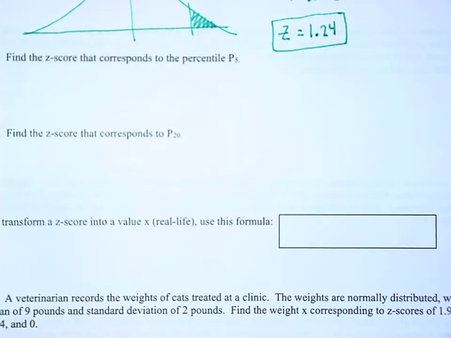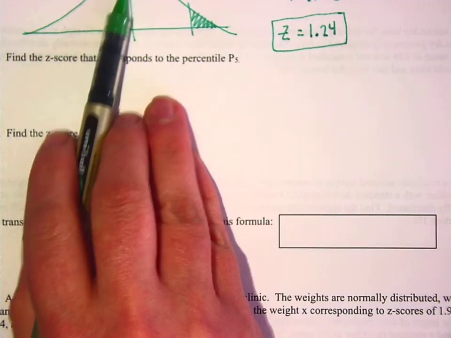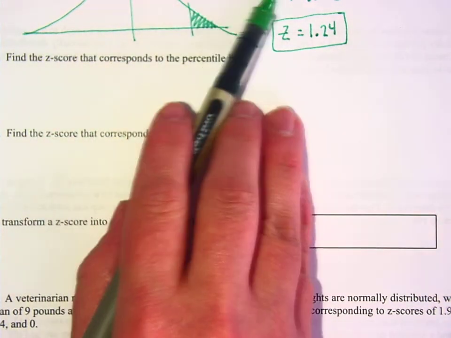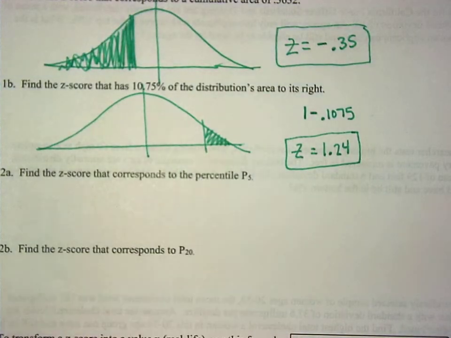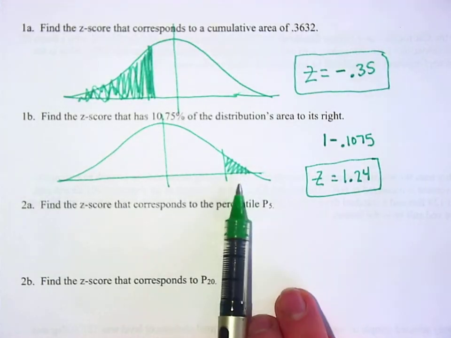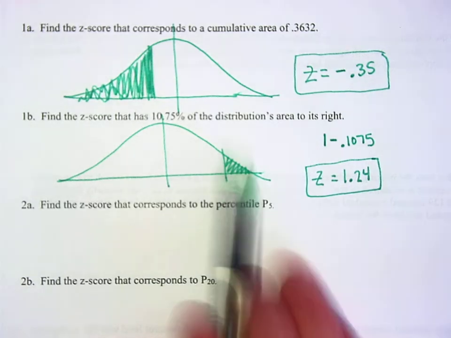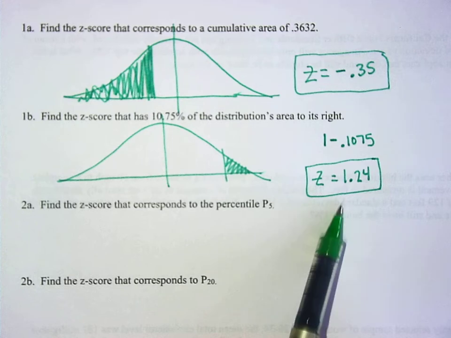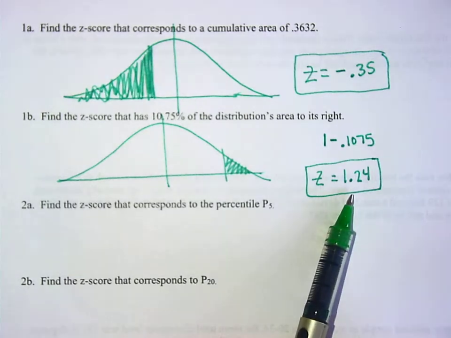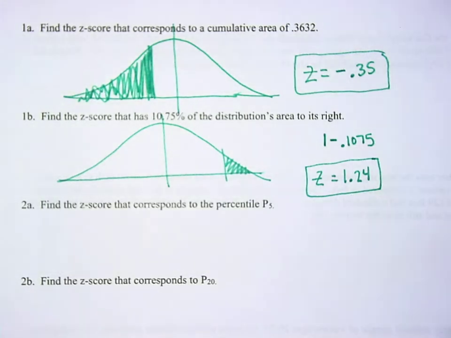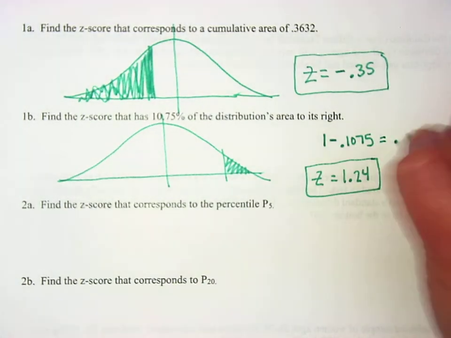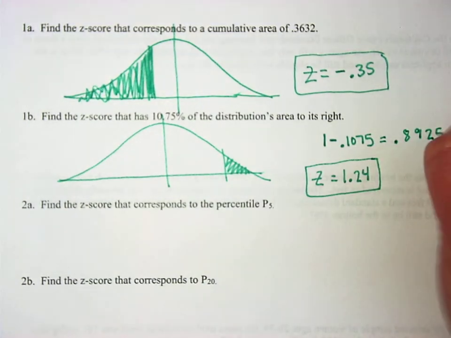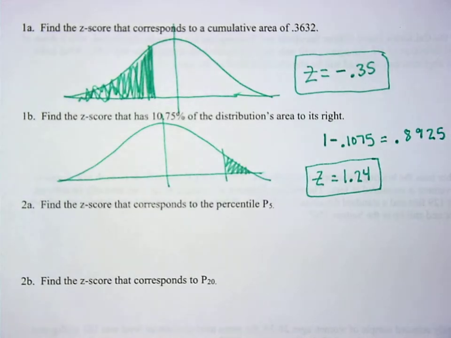Should be positive, because it has 10.75% of the distribution's area to its right. So that's what the picture should look like, to the right instead of to the left. So it does need to be positive over here. Remember, if it's to the left, then it's normal. Remember, it is symmetric, so you could technically look up 0.1075 and then just add the positive sign. Or you could have looked up 0.8925. Anybody get it right when they were erasing, or did everybody have negative?